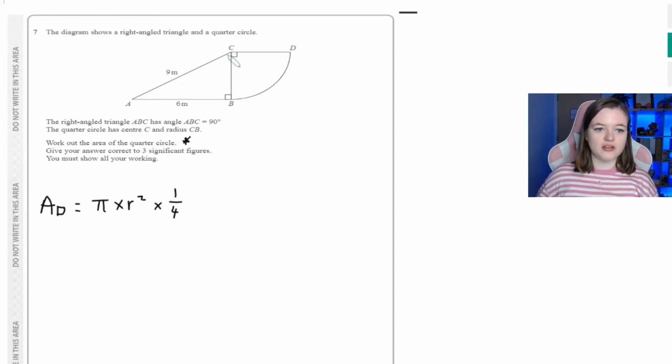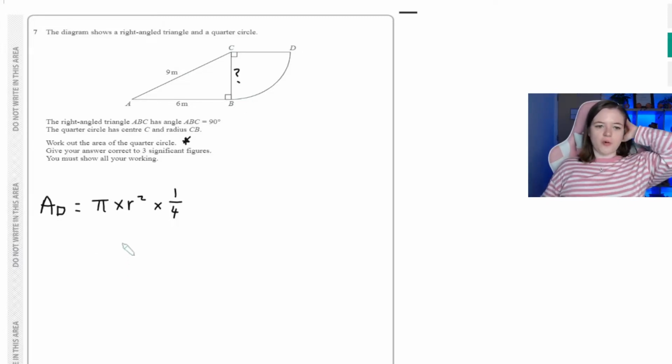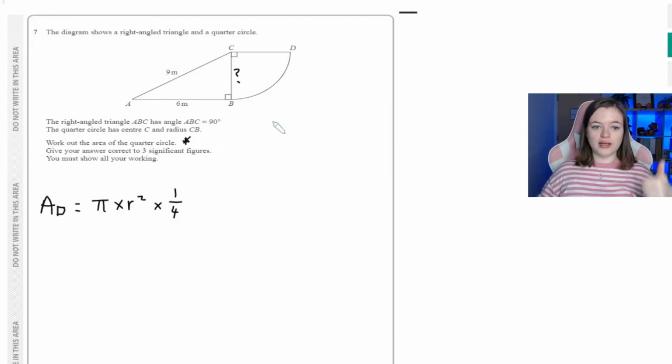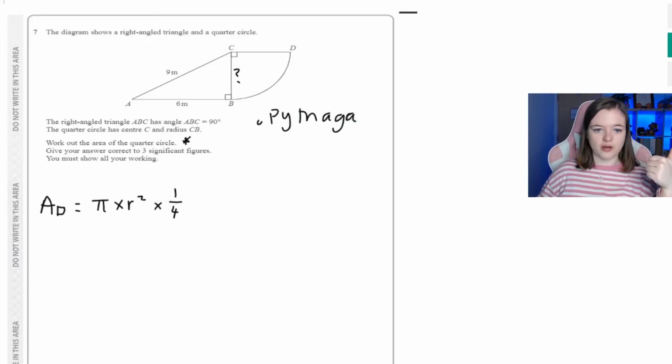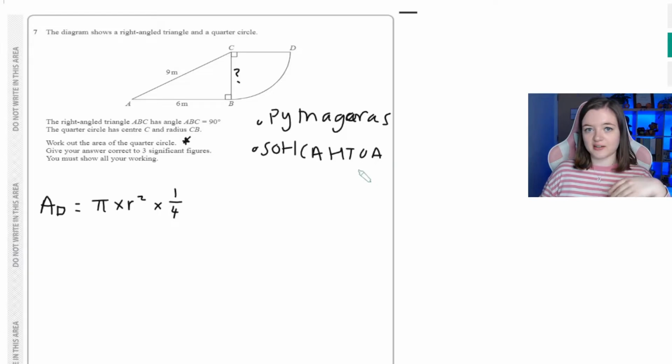So I could find either this length or this length, but this length's kind of amongst all this other triangle, it's where the party is, so I'm going to assume I'm finding this length. Thinking back to what I said earlier, with a right-angled triangle, you have either Pythagoras' theorem, when you have two sides and you're missing a third side, or SOHCAHTOA, for when you have two sides and want to find an angle, or an angle and a side and want to find another side, or the area is half base times height.